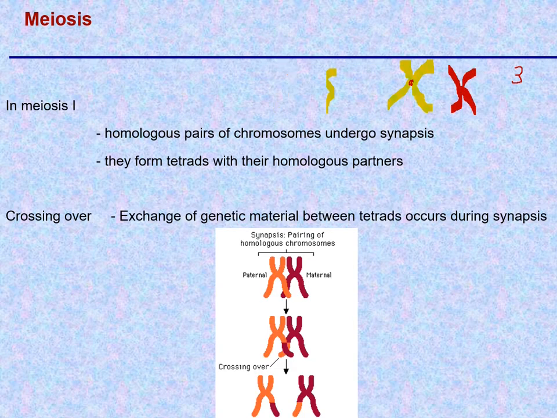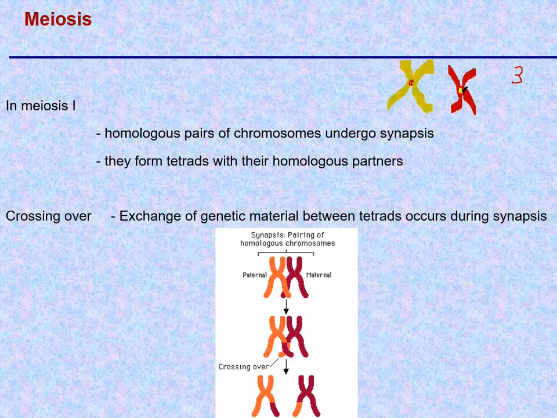Let's get rid of these. So now you know that there's, let's put a little center joining point to remind you that these are 2 copies of chromosome 3. Let's see, maybe this. Okay, right there, join there.